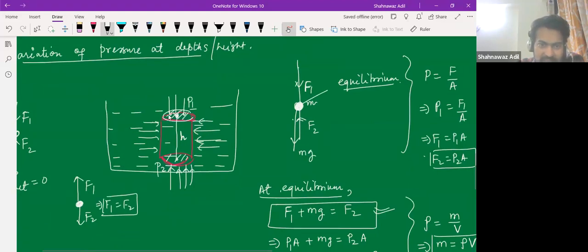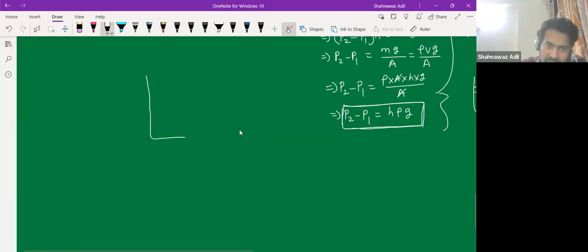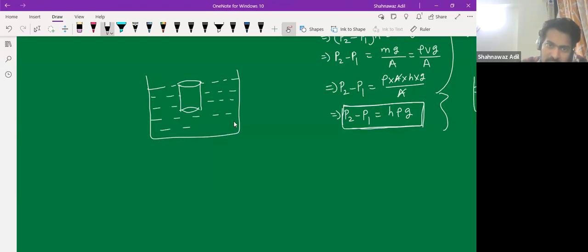And if I put this thing in the air, so let's say this thing is exposed to air, and I put it here at the surface, right?